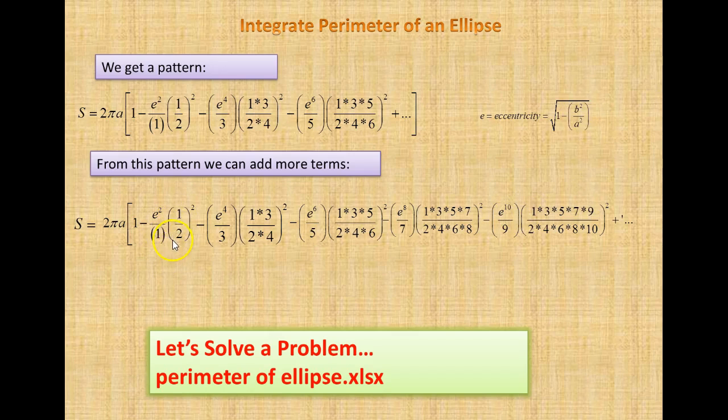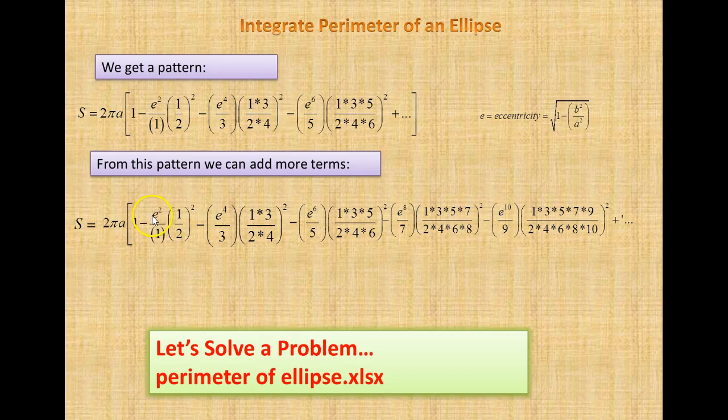Then we have 1 over 2, 1 times 3 over 2 times 4, 1 times 3 times 5 over 2 times 4 times 6, 1 times 3 times 5 times 7 over 2 times 4 times 6 times 8, 1 times 3 times 5 times 7 times 9 over 2 times 4 times 6 times 8 times 10, all of them squared.